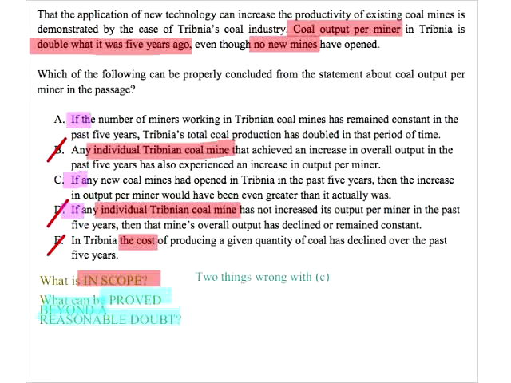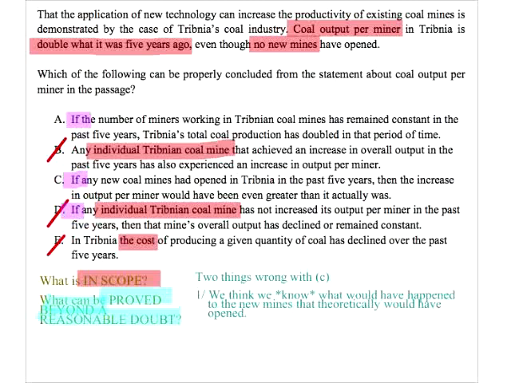We think we know what would have happened to the new mines that theoretically would have opened. So that's bad, right? It's a total theoretical. We have absolutely no evidence for anything that theoretically would have happened with our new mines.